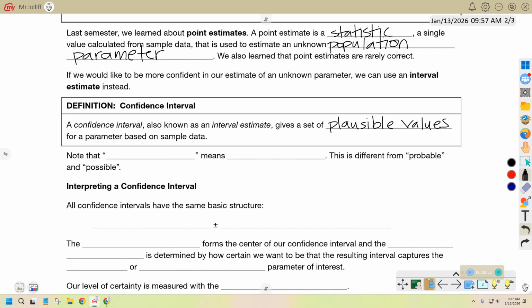And we need to get nitpicky about our vocab. What does the word plausible mean? I say something is plausible, what am I saying? Reasonable, yeah, or believable. Good, reasonable or believable.